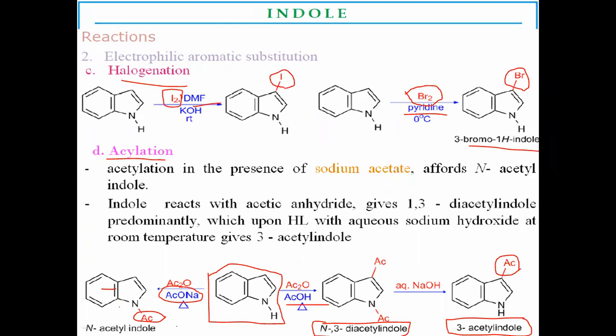If sodium acetate is used, N-acetyl indole is formed. If aqueous acetic acid is used, it forms 1,3-diacetyl indole, followed by hydrolysis with aqueous sodium hydroxide. There is liberation of the acetic acid moiety, forming 3-acetyl indole as the final product of electrophilic aromatic substitution by acylation. Depending on which catalyst is used, they give different types of products.